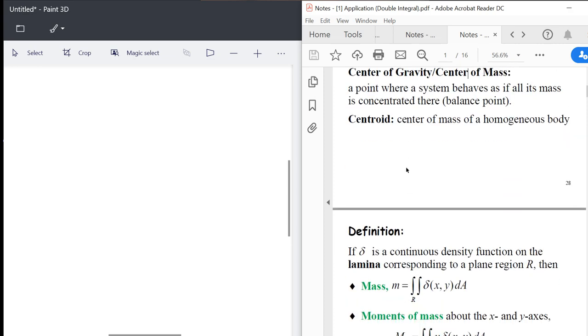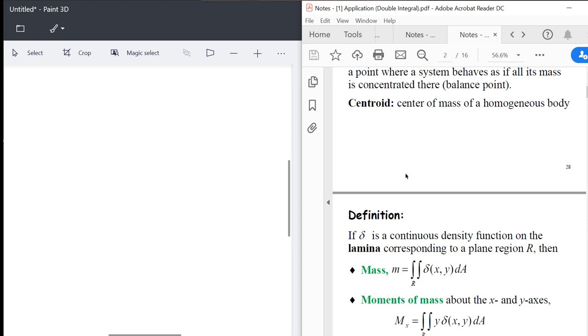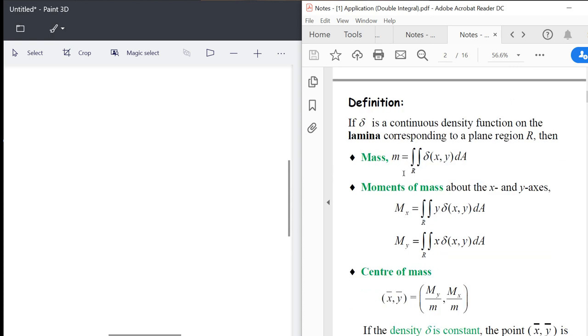Let's take a look at double integral, which one represents the mass, the moment of mass, center of mass, centroid, and so on. By definition, if delta is a continuous density function on the lamina corresponding to a plane, the thing that you calculate is a mass.